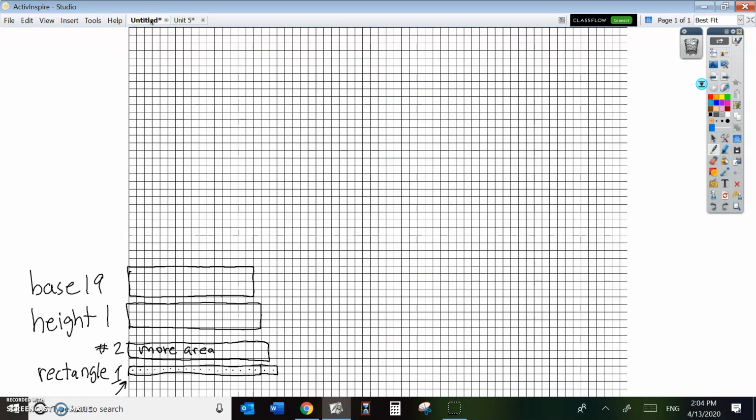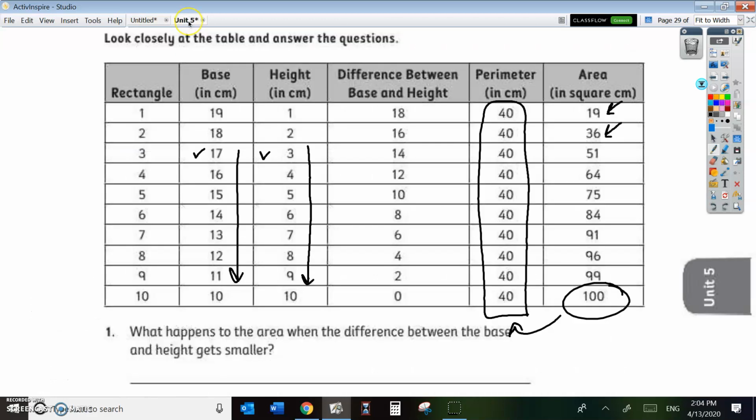If you were building a fence, you would get the most area enclosed inside if you did 10 by 10. This rectangle would give you the largest area, and it would have the same perimeter as the other ones.